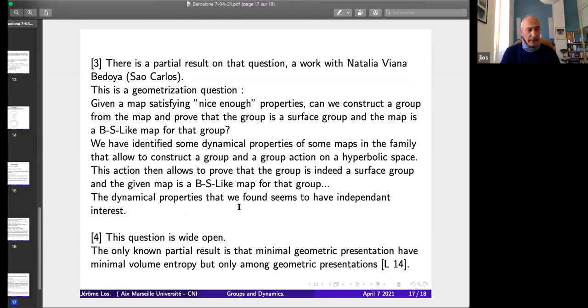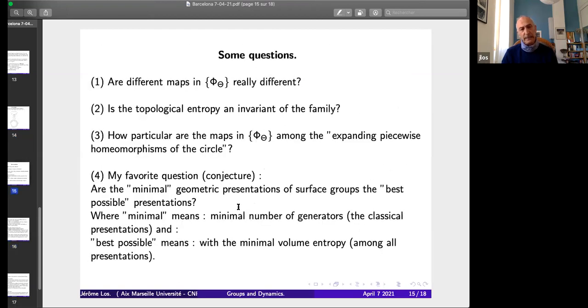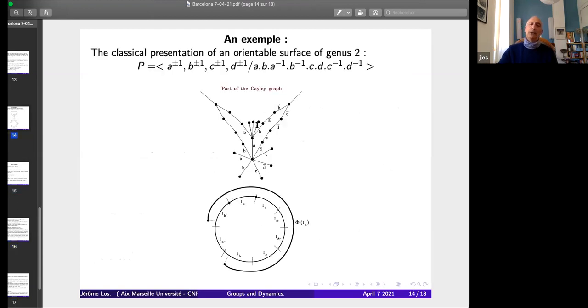The second class of property that we use is, again, something we can see on that picture. You see, from this picture, we see that the point on the boundary circle that corresponds to this limit here, which is the cutting point, has two sides.